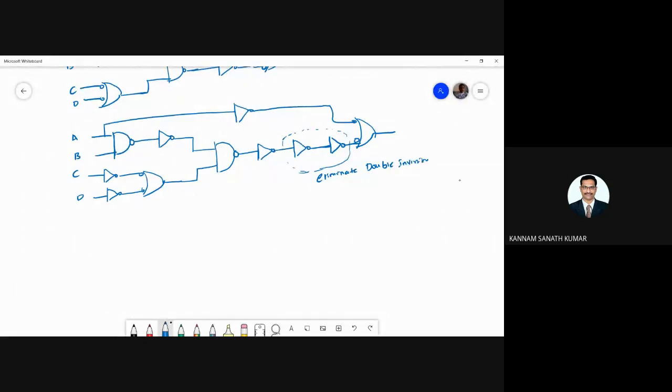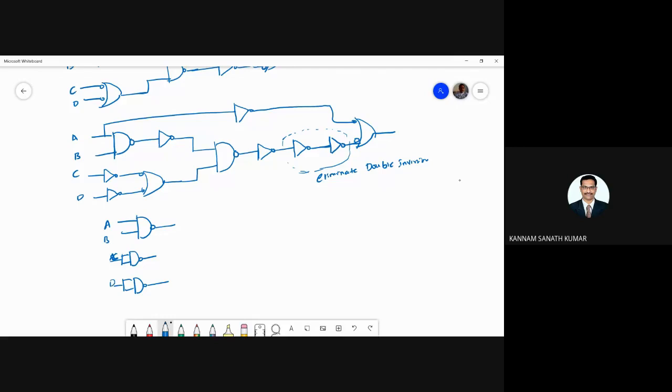Now you can replace this one. So that means this is the NAND gate, A and B. Here, this inverter is converted into a NAND gate. This is C, and this inverter is converted into a NAND gate.